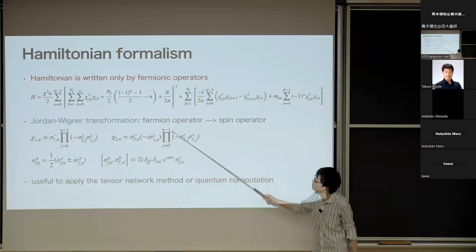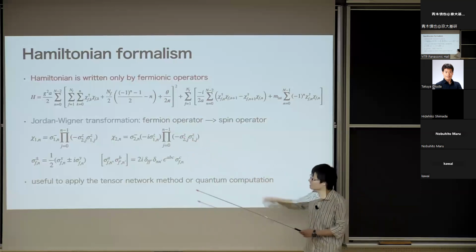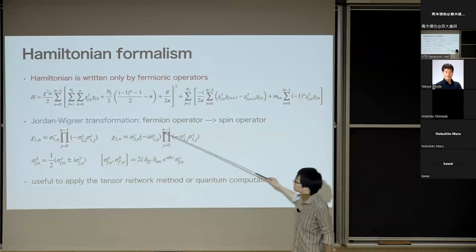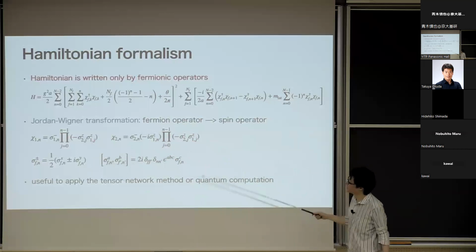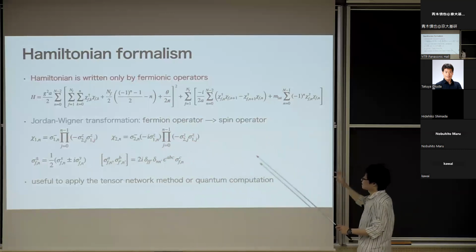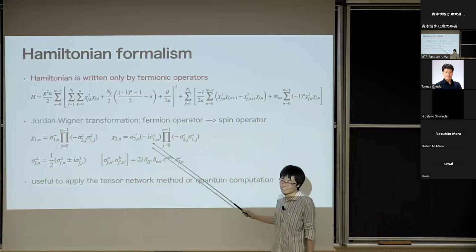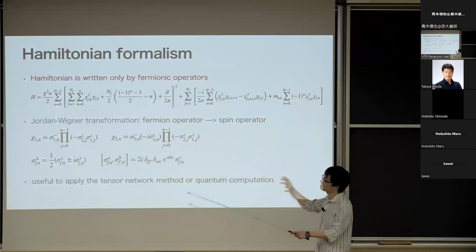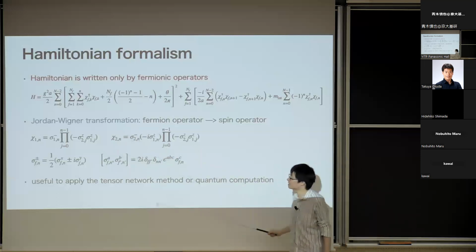It's not unique, but the reason we employ this combination is that we can map the local operators in a compact way. If we employed the other choice, some operators could be very non-local. So in that sense, this choice is very convenient.